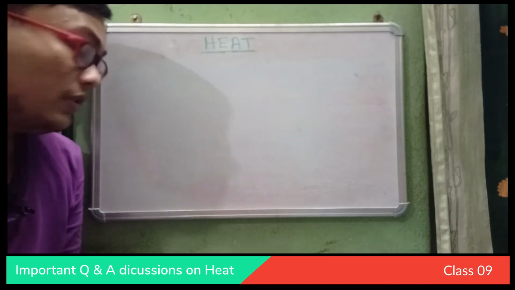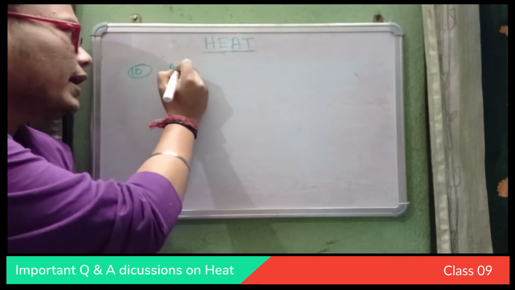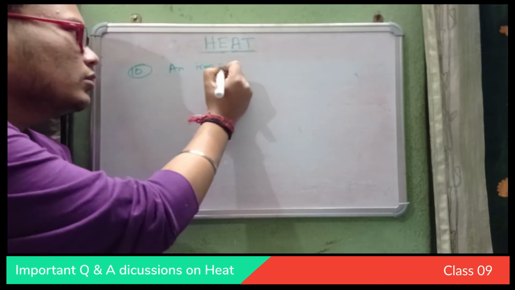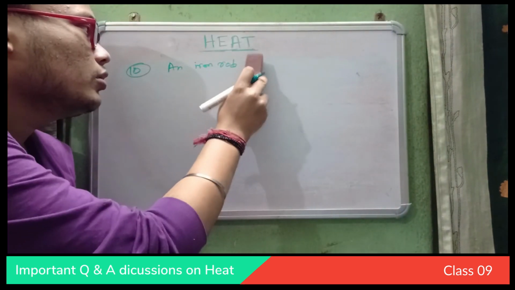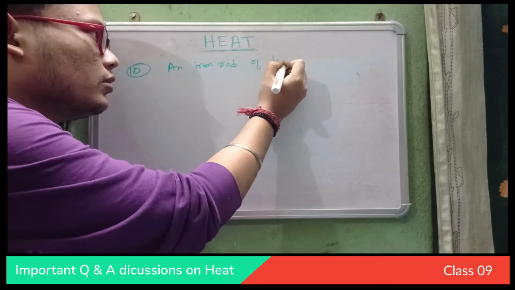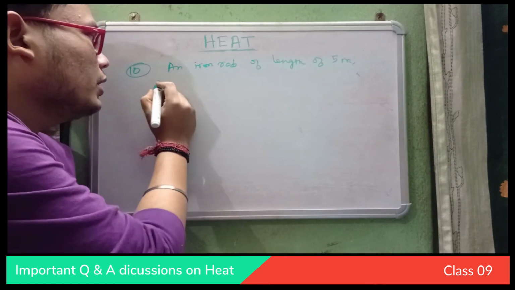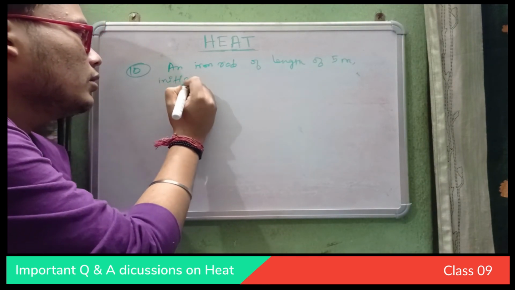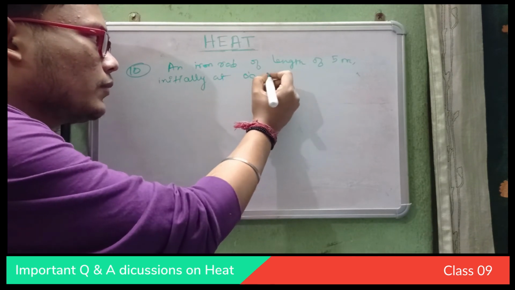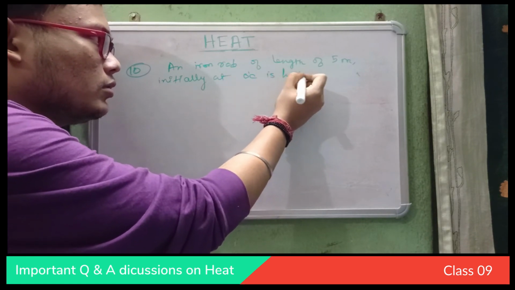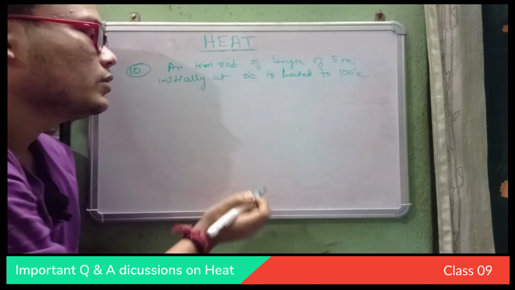So in the last question we'll solve a numerical. It says that an iron rod of length 5 meters, initially at 0°C, is heated to 100°C.